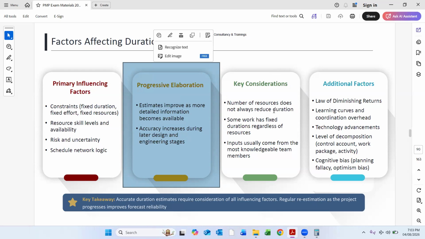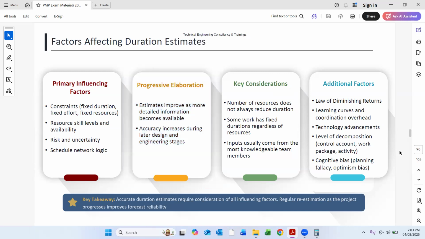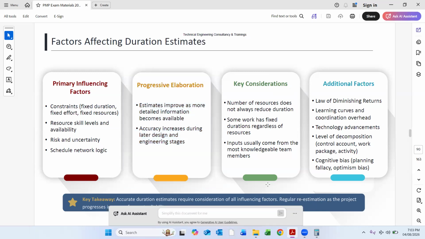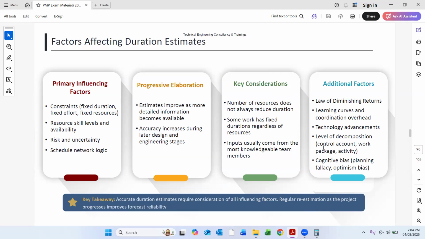Key consideration: number of resources. Some work has fixed duration. Input usually comes from the most knowledgeable team members. Additional factors are the law of diminishing returns, learning curves, coordination overhead, technology advancement, level of decomposition, cognitive biases, planning fallacy, and optimism bias. So these are all the factors affecting the duration.